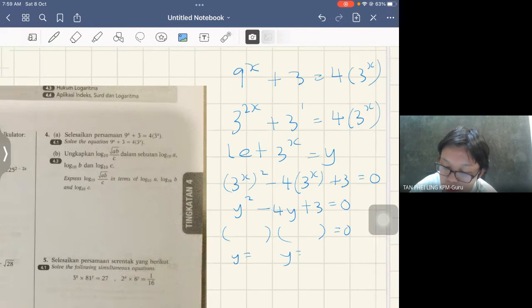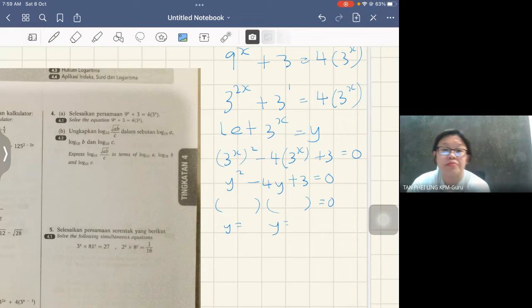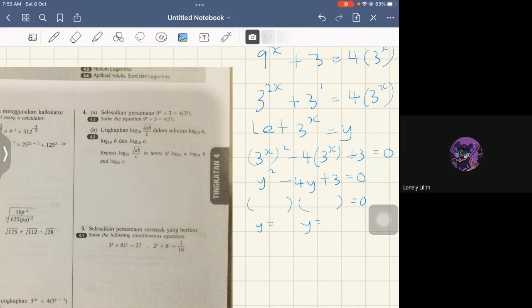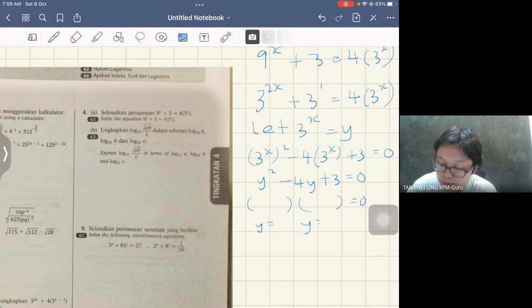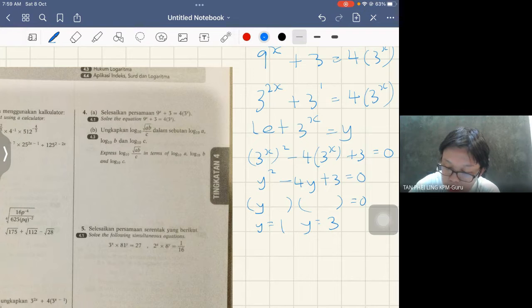Can you tell me what's your y? 3, yes, and 1. So it's 3 and 1. So we put in here (y minus 1)(y minus 3) equals 0. I want to emphasize here again that you make sure you have this equal to 0.